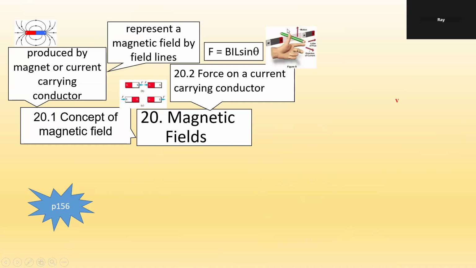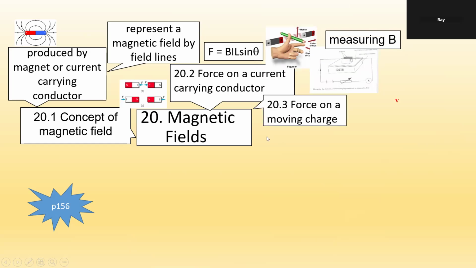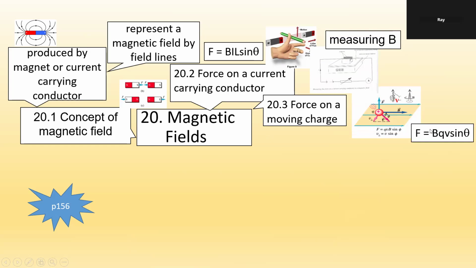And then Fleming's left-hand rule. And this setup is to measure B. Force on moving charge, that's the formula that we will encounter. And then this is the most common one that will come out.